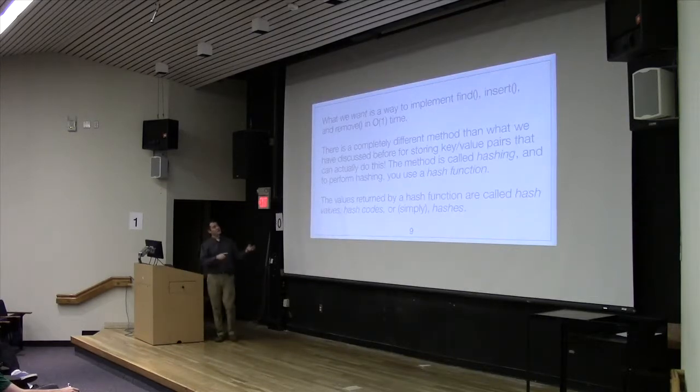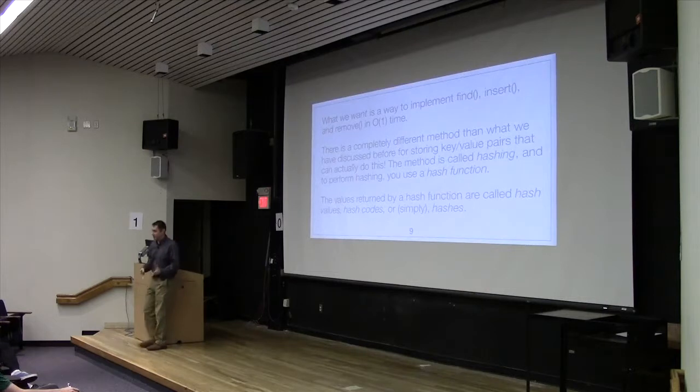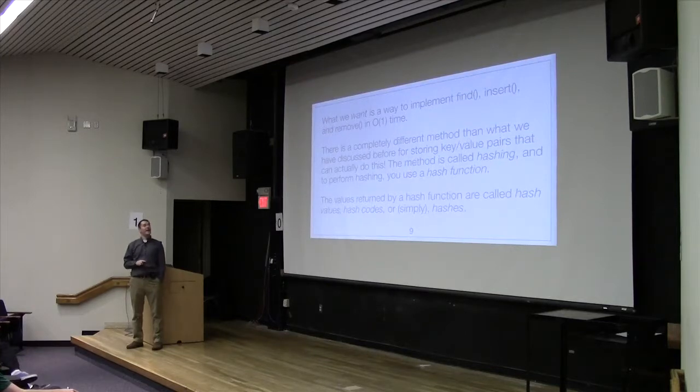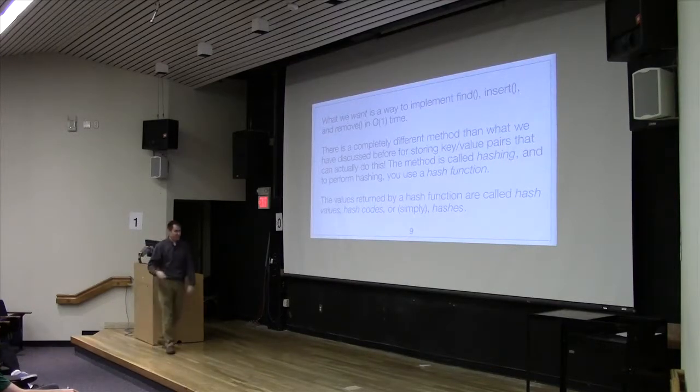Well, if we're going to try to get this order 1 complexity, we can use this other method that I already talked about called hashing. And as you perform this thing called hashing, which I'll define, you use a hash function. And what I mean by function is literally a mathematical function that you apply to your key in some fashion, which means that your key has to, in some sense, end up as numbers, right? But strings, each individual character has an associated number with it, right?